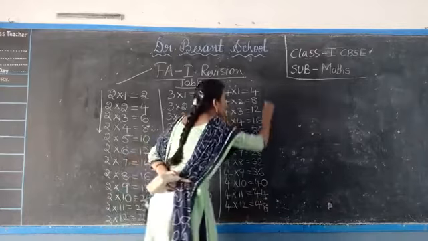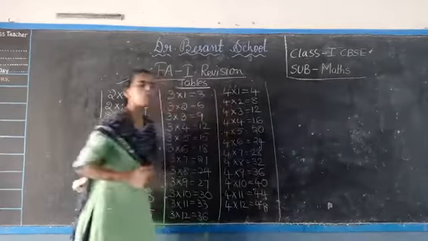Is it clear? You should write the backward table of 4 also.